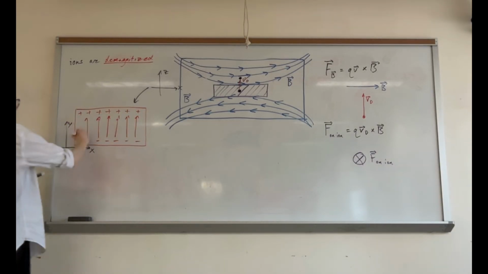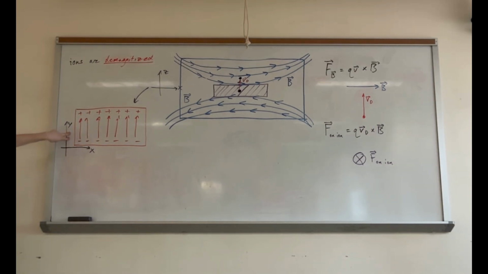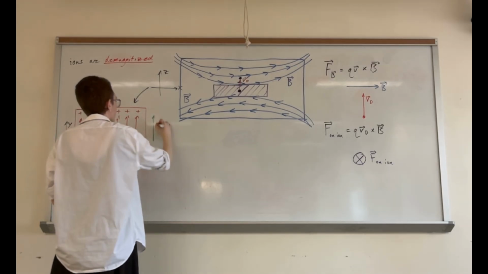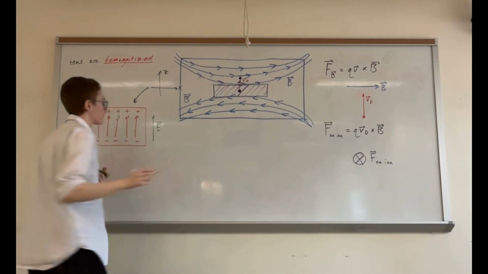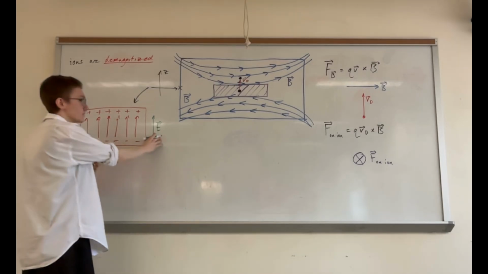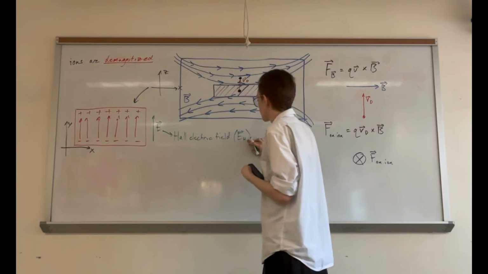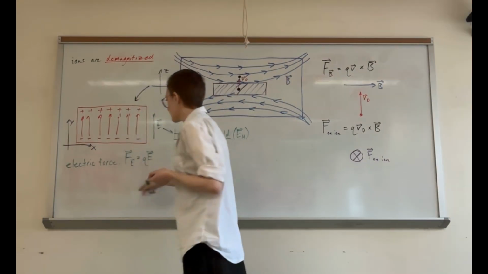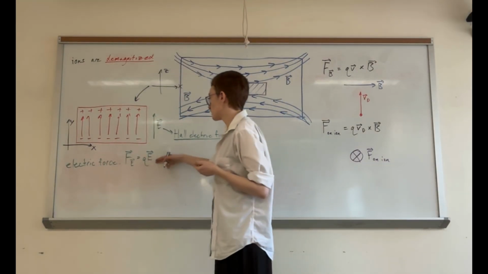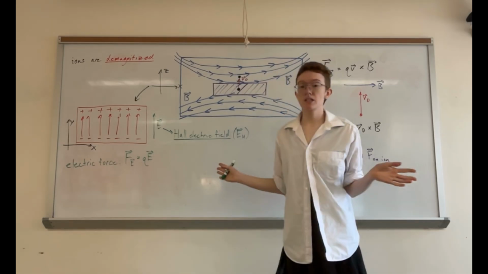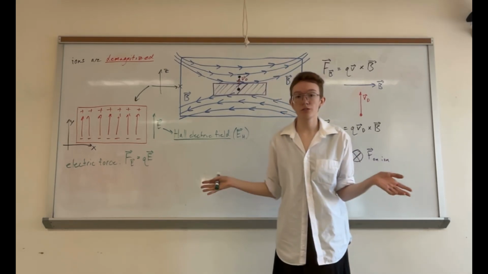And so where the Hall effect comes in is that this charge separation is going to generate an electric field. So the result is that we're going to have an electric field going this way. And this is what's referred to as the Hall electric field. Let's put a little H subscript for Hall. So the electric force is Q times E, the electric field. And previously we said that this had no effect on our plasma because we had no external electric fields.